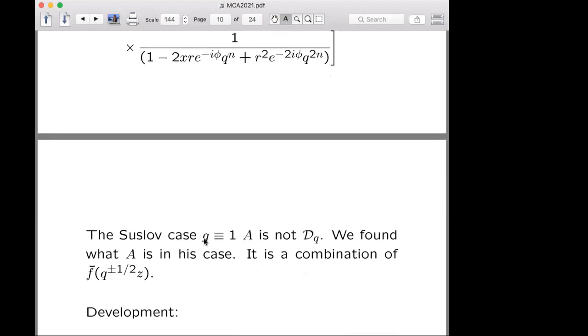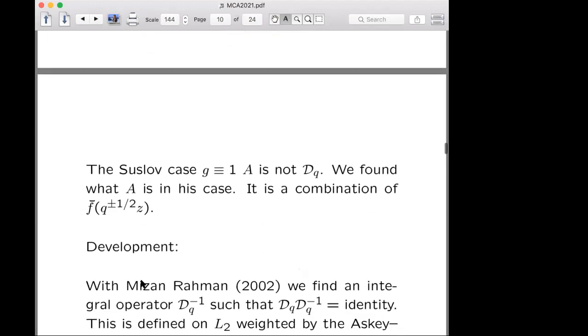If you look at the Suslov case, when g is 1, he gets a semigroup, but the A that lowers the semigroup parameter is not the Askey-Wilson operator. It's a different operator which we computed, and it's a combination of these F checks. Okay, so how did this evolve?